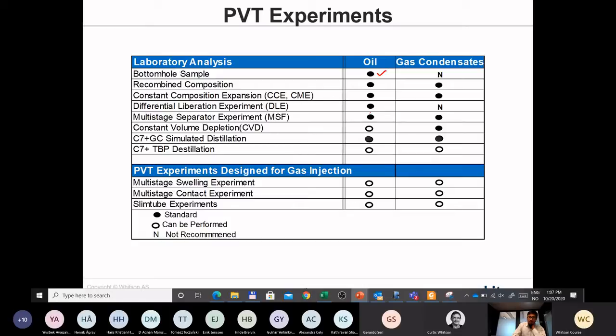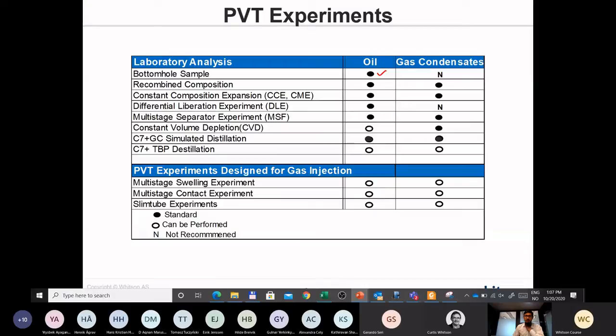The DLE test is done for oils, generally volatile oils or near critical fluids, and for gas condensates we generally recommend doing CVD instead of the DLE experiment. The separator test can be done for both oils and gas condensates.